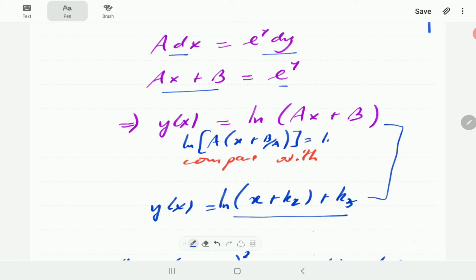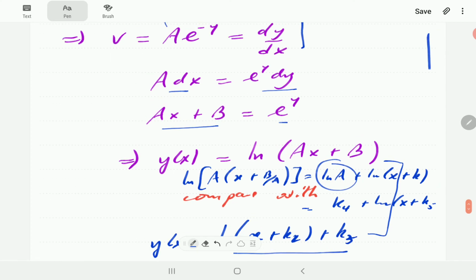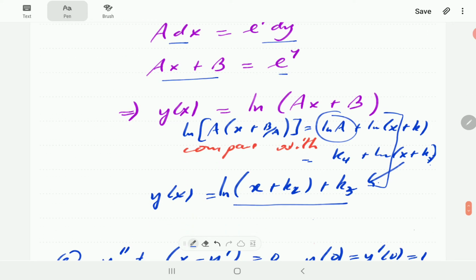Then by properties of logs, this is ln a plus ln x plus k, where k is b over a. And then of course ln a is just some constant. So let's call this k4 plus ln x plus, call this one k5. Which is exactly the same functional form as this one.